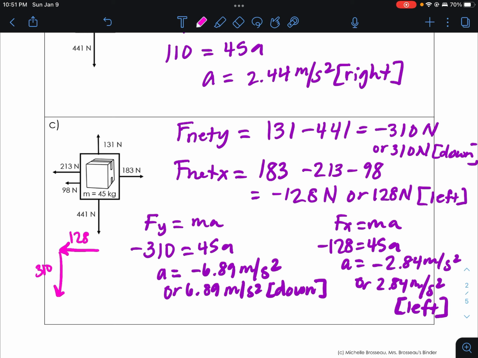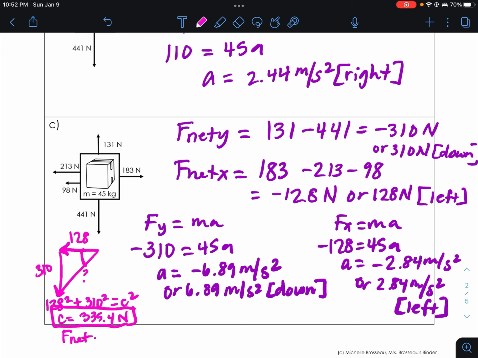And so then if we found that one overall, we do 128 squared plus 310 squared equals C squared. So our C would be equal to 335.4 newtons. And that's our F net.